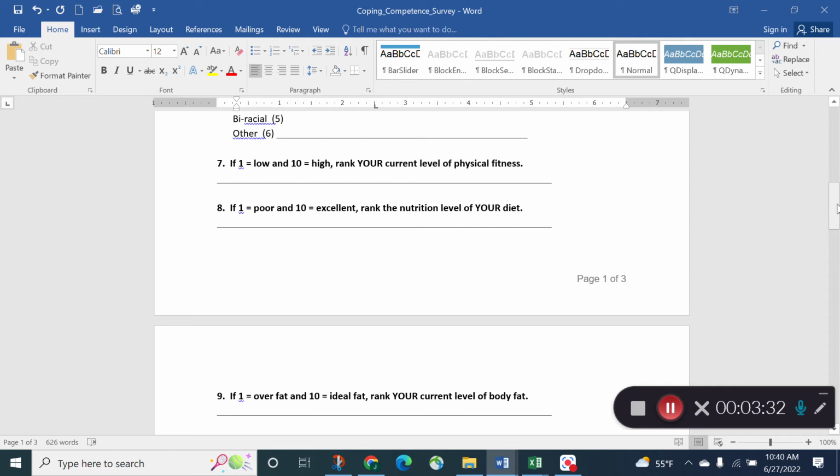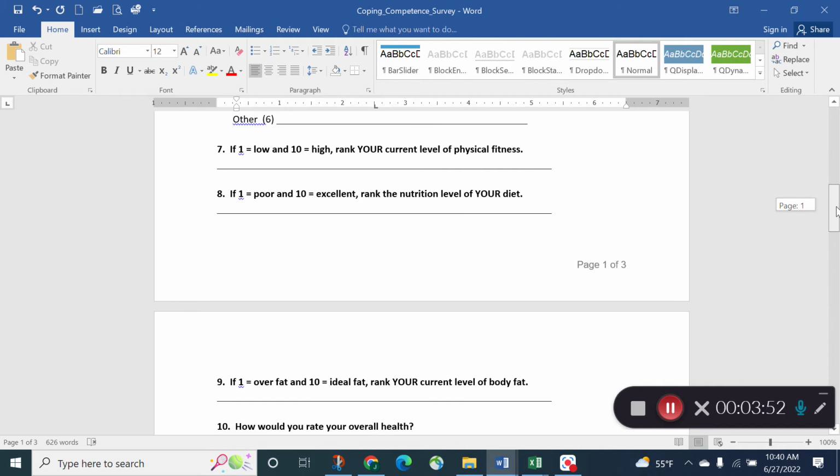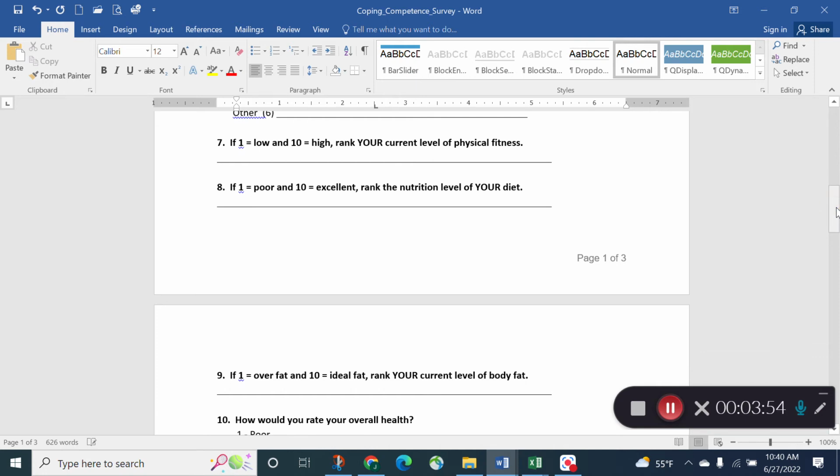The closer to 10 it is, the higher they rank that. The closer it is to 10, the higher they say their diet is, or the better they say their diet is. And then the closer it is to 10, that would be ideal percent body fat, meaning actually low. So that's the next 3 questions. And again, we'll talk when we get to the instructions about how you will actually analyze these.